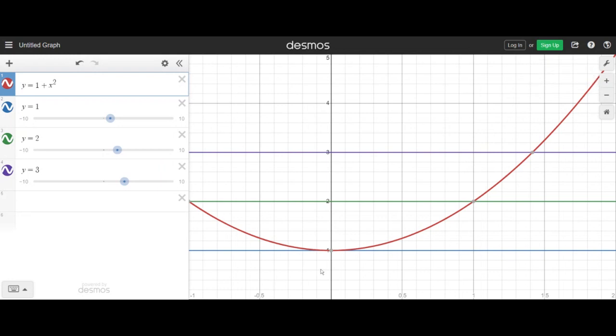The y values are growing slowly relative to these other y values, and when you get close to x equals 1.5 they are growing quite rapidly.